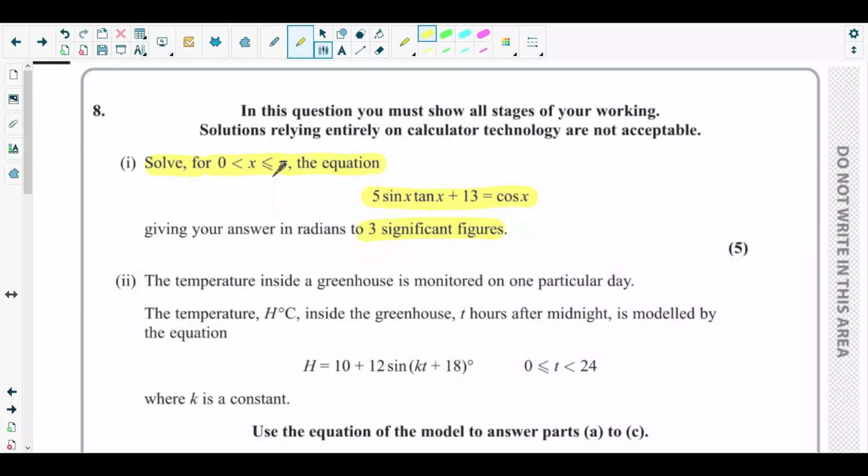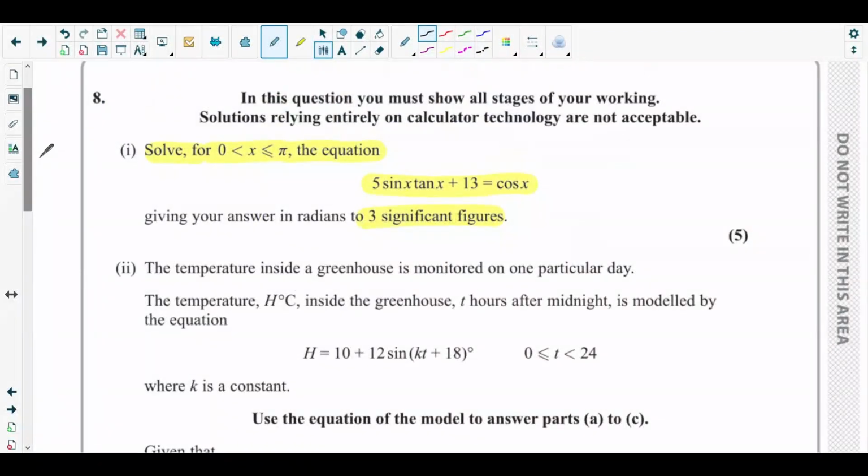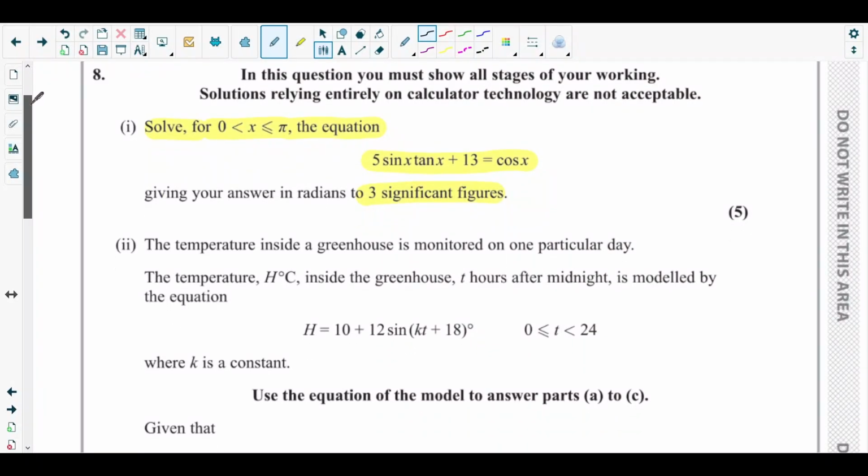To solve this equation, at first let's simplify it and make it in terms of a single trigonometric ratio. So 5 sin x tan x there, we can write tan x as sin x over cos x.